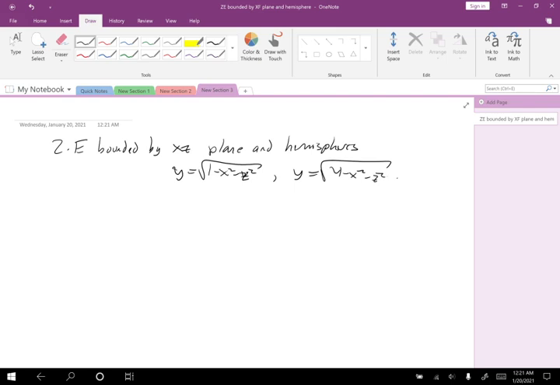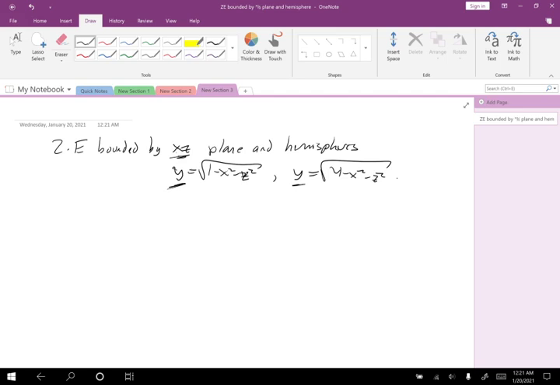Okay, so alarm bells should go off because now everything's mixed up, right? Because y is what we solved for instead of z. And we were using the xz plane instead of the xy plane that we're more familiar with.